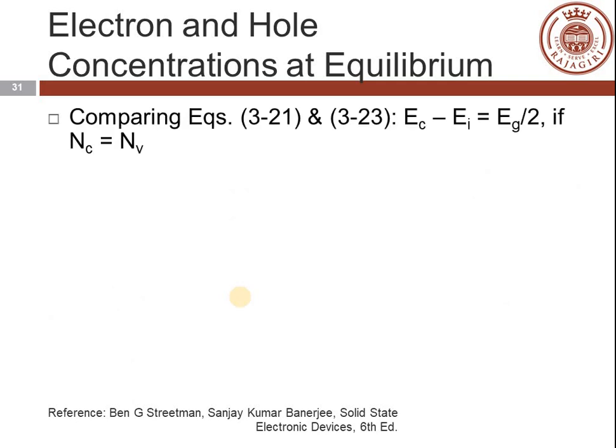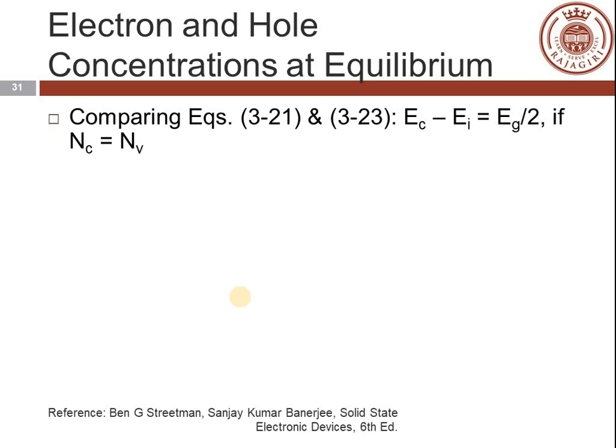Now compare equations 21 and 23. That is, expressions for ni and pi in terms of Nc and Nv, and equation 23 is square root of Nc and Nv e to the power minus Eg divided by 2kT.